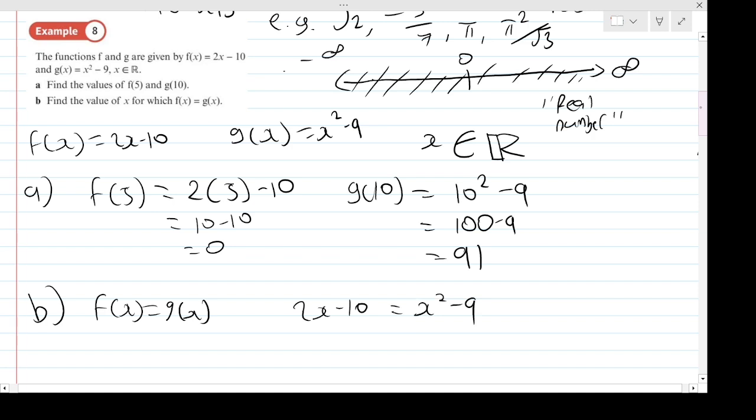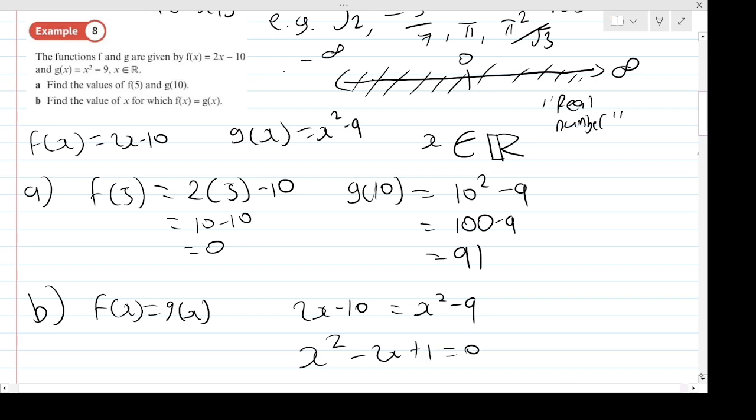Well, let's move everything to the right in this case, because we have an x squared here, but you don't have to. So x squared minus 2x, because we're going to move the 2x onto the other side, so I'm going to take away 2x. Then I'm going to add 10 to both sides. So plus 10 minus 9 will go to plus 1, equals 0.